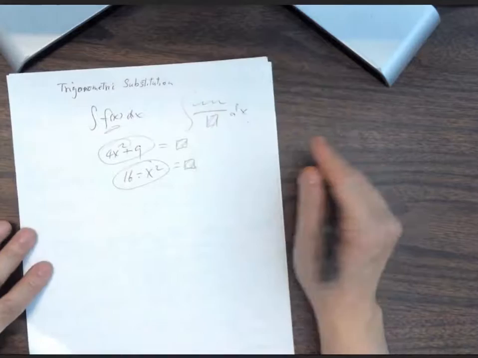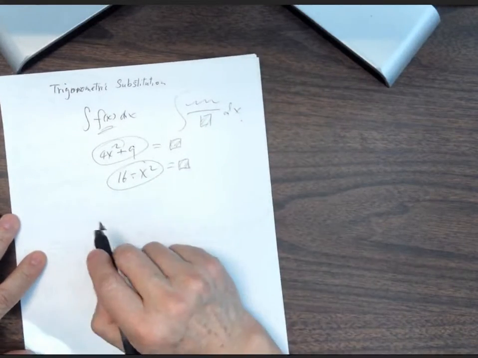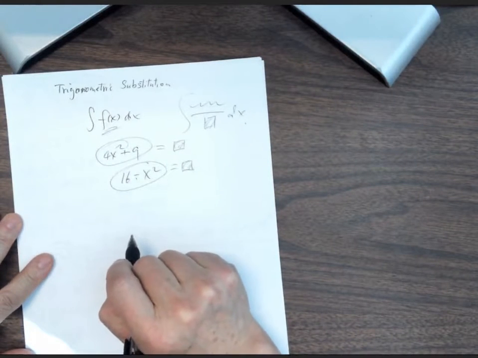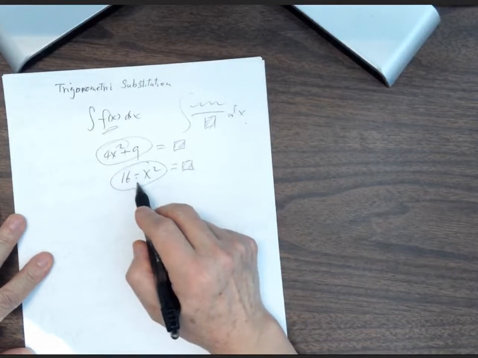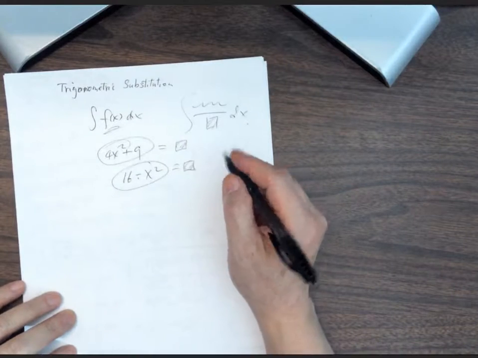Alright, so what kind of trig substitution are we talking about? Well, it depends on the sum or difference and also the order of terms involved. We try to utilize some trig identity.